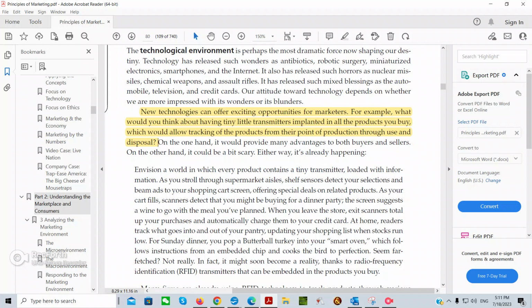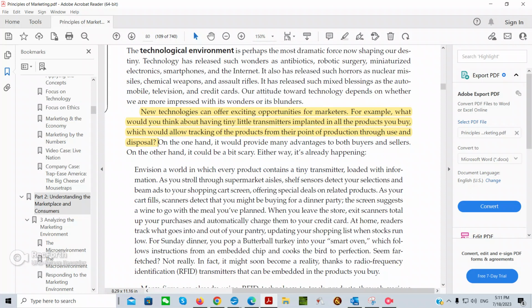As you stroll through the supermarket aisles, shelf sensors detect your selections and beam ads to the shopping cart screen, offering special deals on related products. As your cart fills, scanners detect that you might be buying for a dinner party. The screen suggests a wine to go with the meal you planned. When you leave the store, exit scanners total up the purchase and automatically charge it to your credit card.